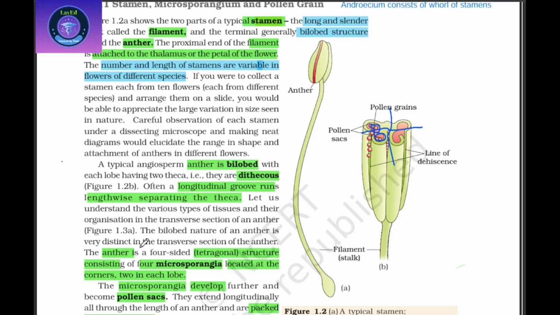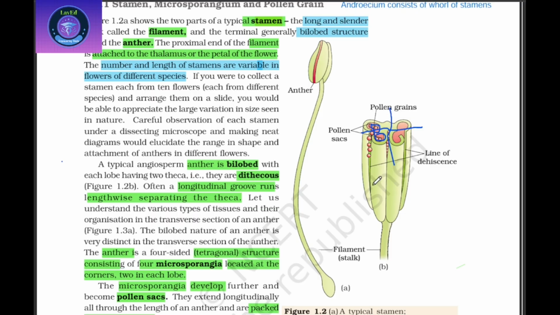So keep in mind, anther is tetragonal. The whole lobe consists of four microsporangia. You can see one, two, three, four. These four microsporangia are located at the corners. They are not located in the center.